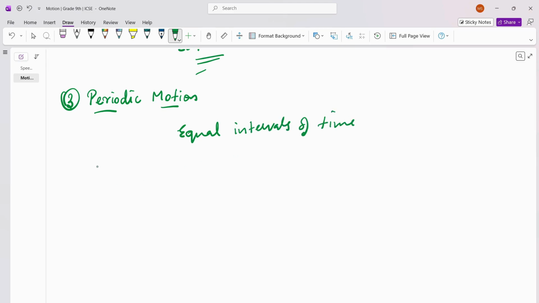Okay, for example, you have pendulums, right? You have swings. Okay, so an object moves from one point to another point in 1 second, comes back in 1 second, goes back in 1 second. So this is very periodic.